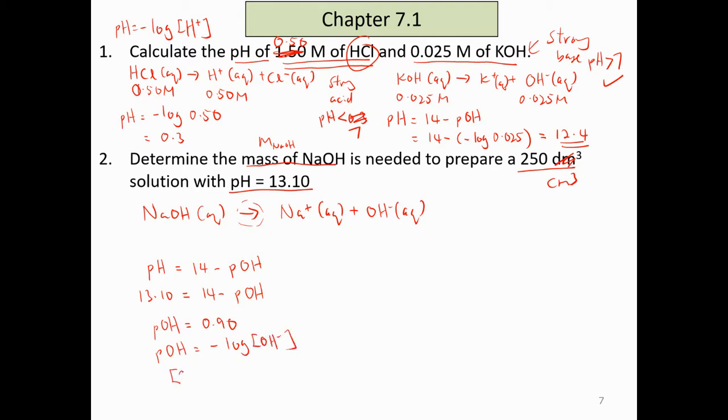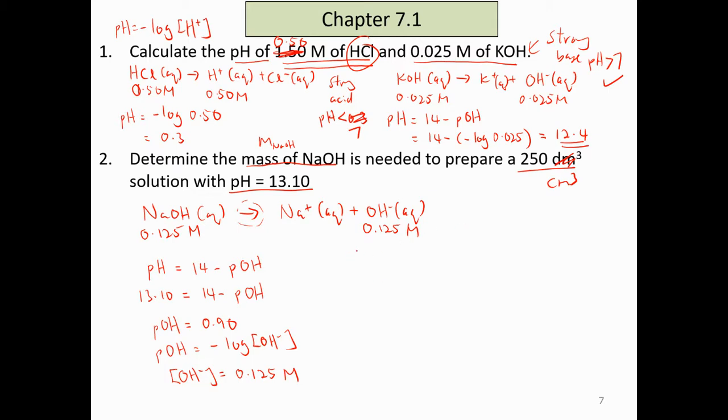So we can get from here OH minus equals 0.125 molar. If hydroxide ion is 0.125 molar, by stoichiometry NaOH is also 0.125 molar.